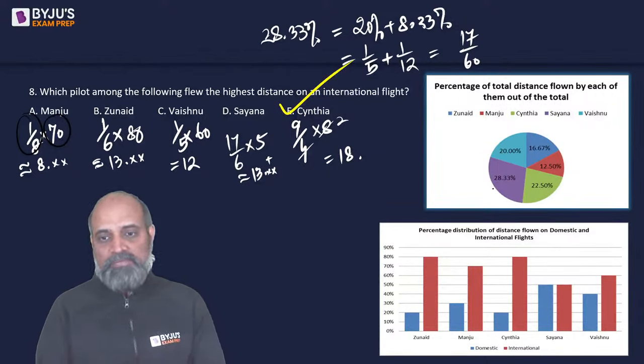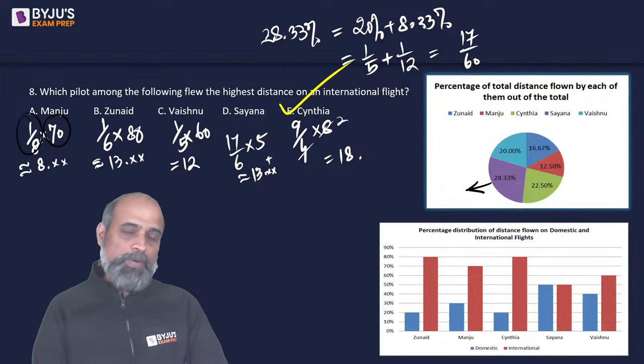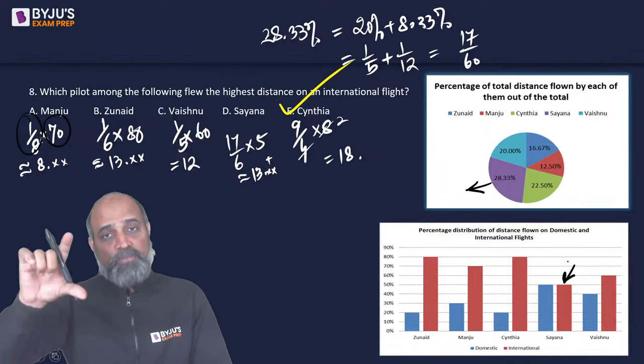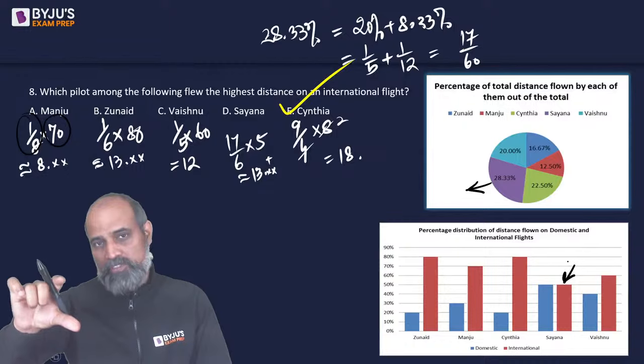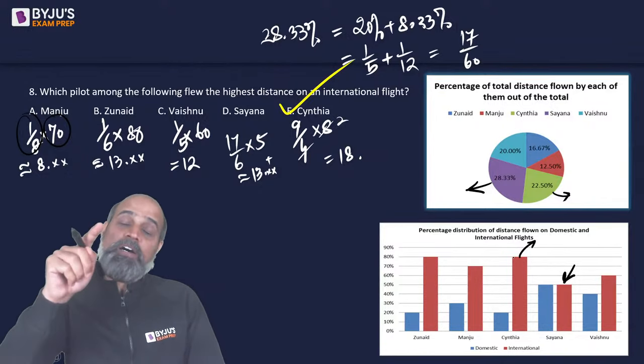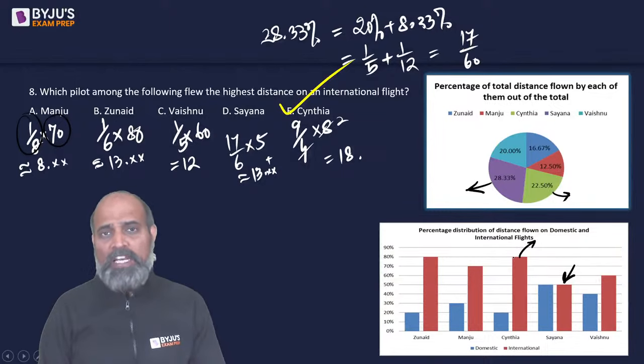So this one is the highest pie value, right? Which is for Sayana. But her international flight bar is only that much. The next highest is that of green, which is Cynthia, and her international bar is the tallest. One among the tallest, because there are 2 such values with 80%, right?